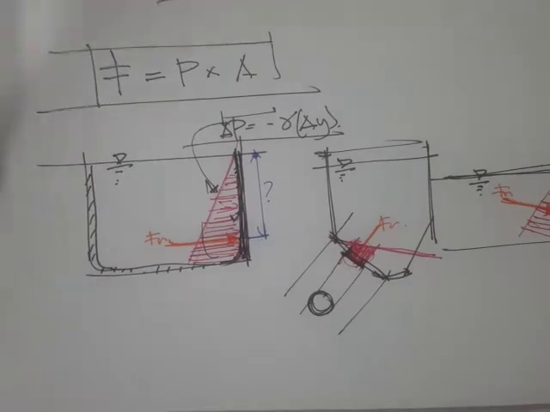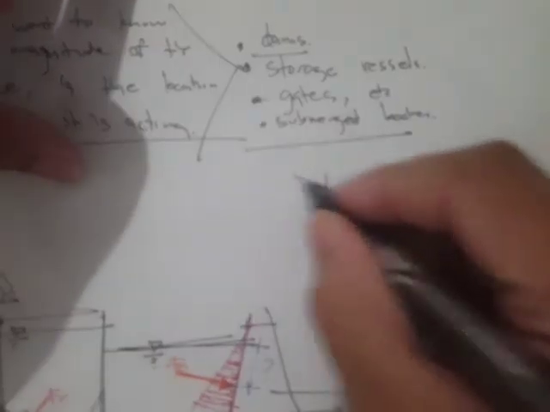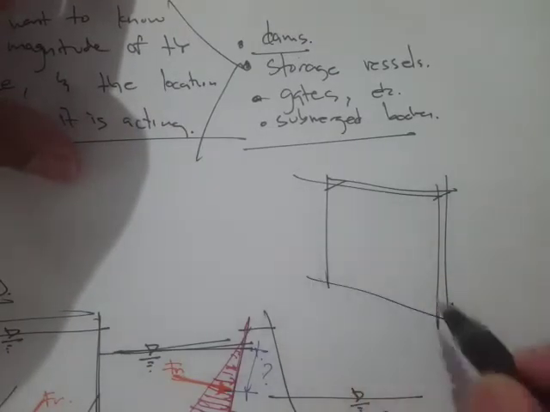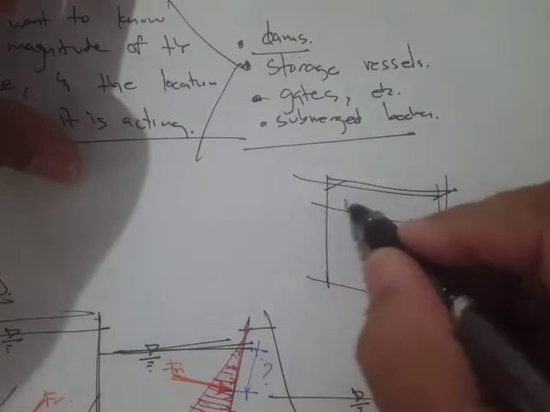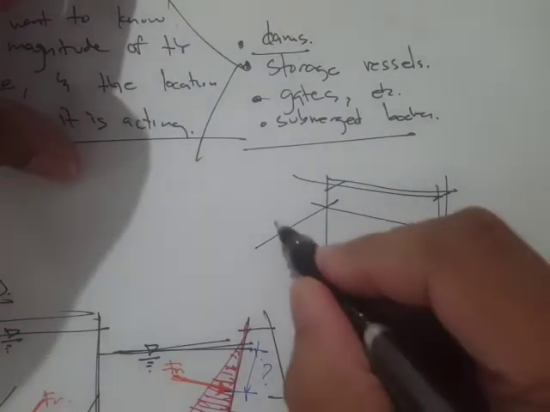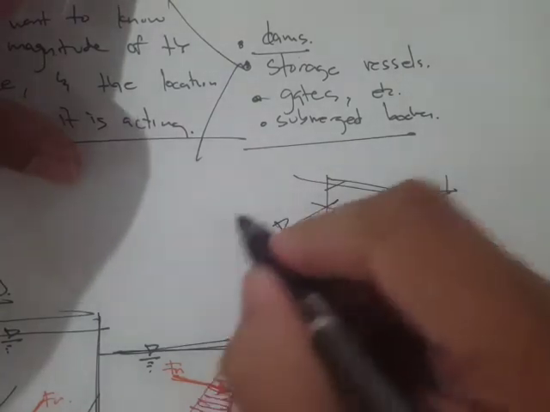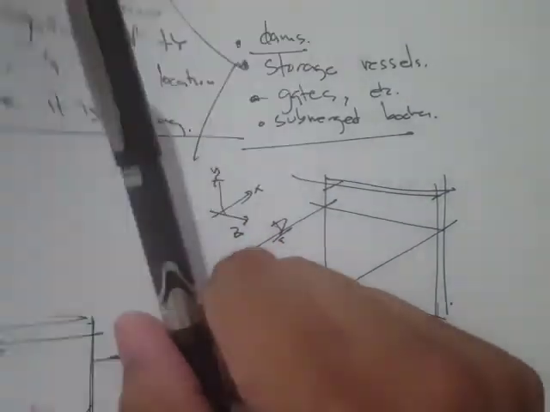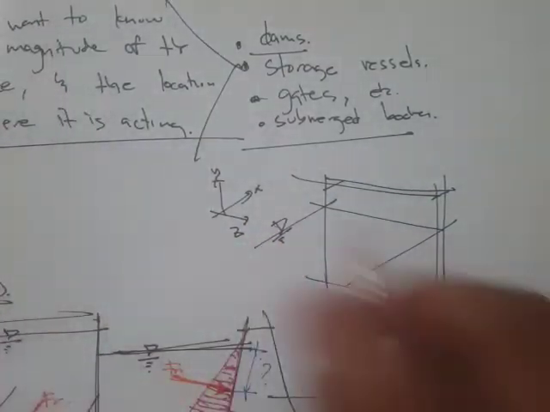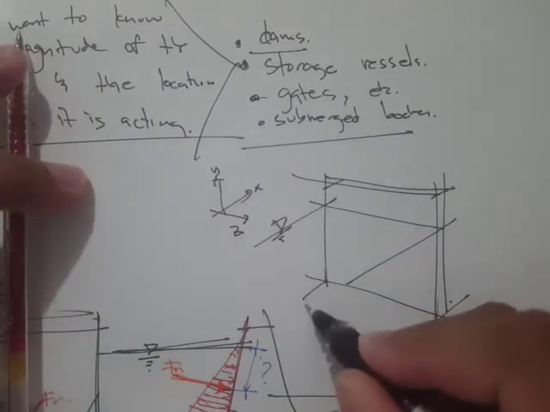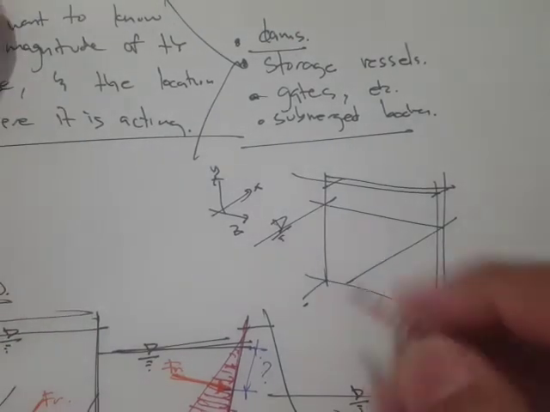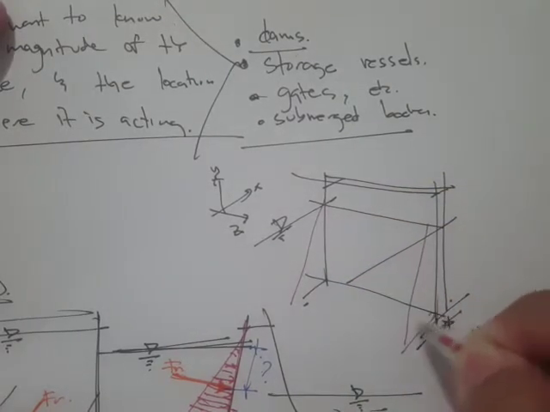Okay, so now let's try to draw this in a three-dimensional view. Let's say we have a vertical wall, then we have this free surface, and we'll draw this x, y, and this one would be z. And if this is the bottom surface, then the pressure profile would be something like this, right?